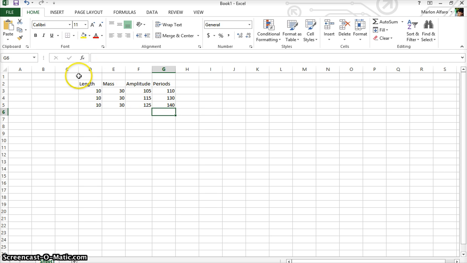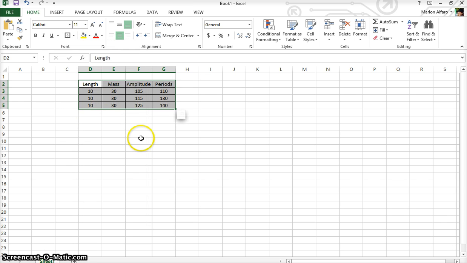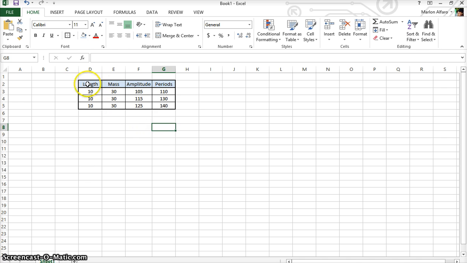And so this is my table. After you write it down, make it nice, add a border so it's presentable. Alright, so that's my first table, and you probably want to add a heading.